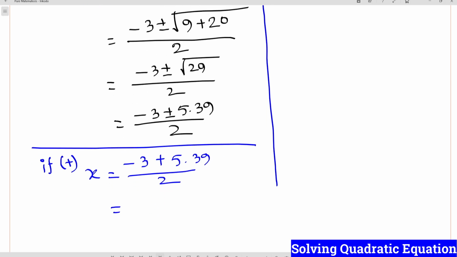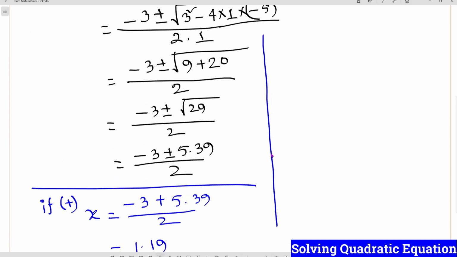We can use a calculator. Minus 3 plus 5.39 will be 2.39, right? 2.39 divided by 2 is 1.19. And in the same scenario, if negative, x equals minus 3 minus 5.39 divided by 2.